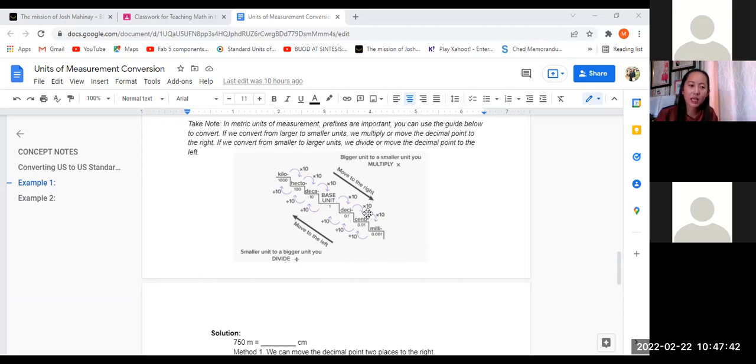Okay, so what is the highest prefix that we put in units of measure? Kilo po. Okay, kilo, and that is 1,000 units from the base unit. Look at this one, okay? Base unit, these are the meters. Wait, I'll write it.